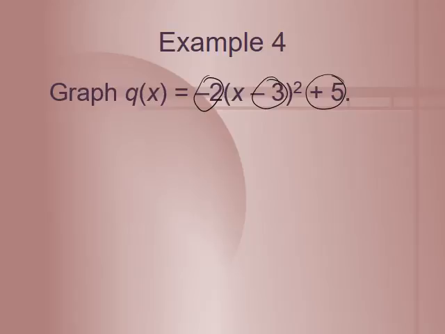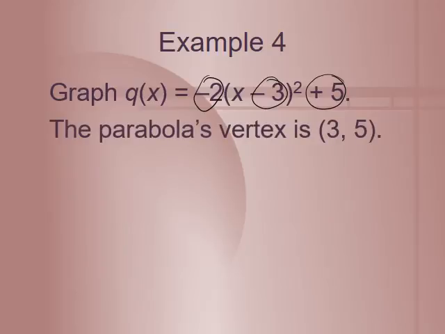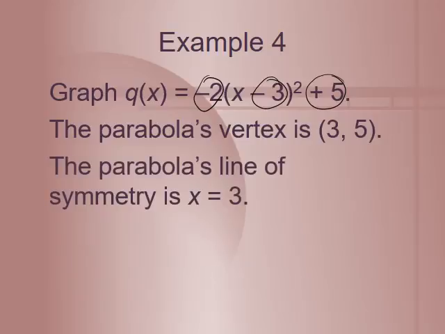The -3 means that it's going to move to the right 3 places, and the +5 means it's going to move up 5 places. And our vertex is 3, 5. And our line of symmetry will be at x equals 3 because our x coordinate is going to be 3.